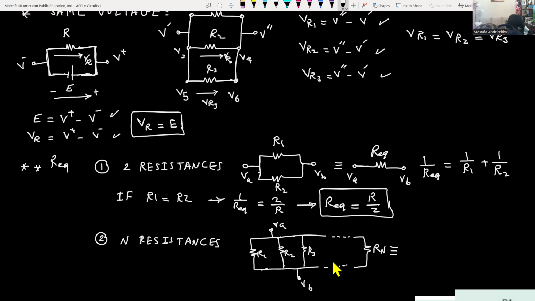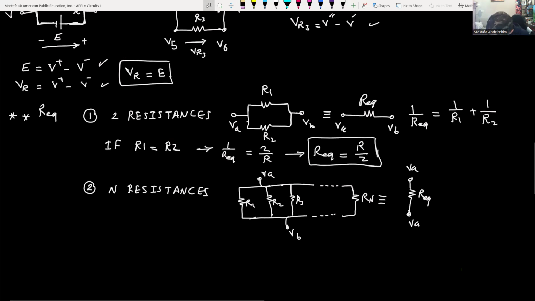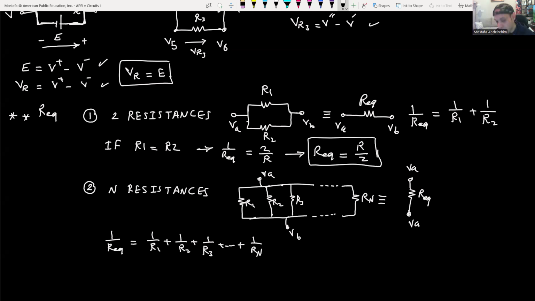We can draw that in that way. This is R equivalent. This is VA. This is VB. So in that case, 1 over R equivalent is equal to 1 over R1 plus 1 over R2 plus 1 over R3 until you reach 1 over Rn.